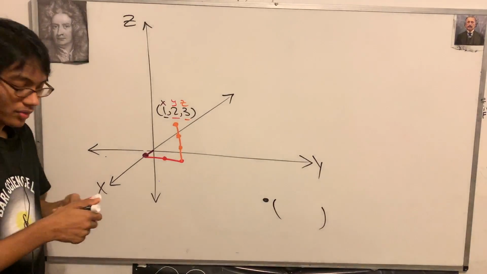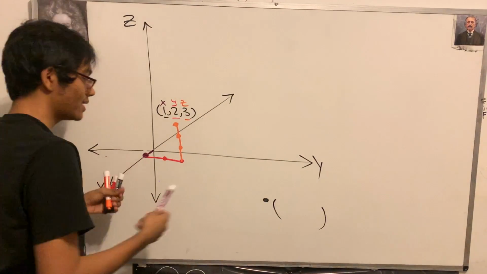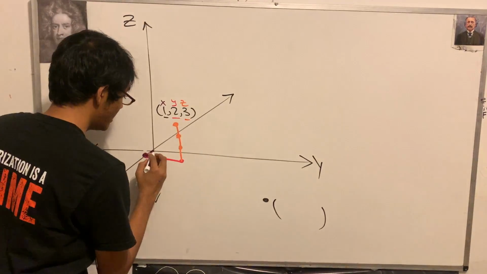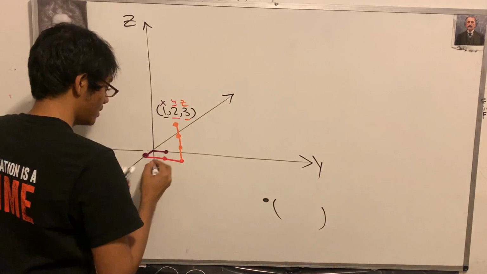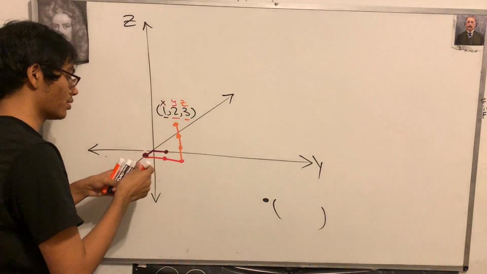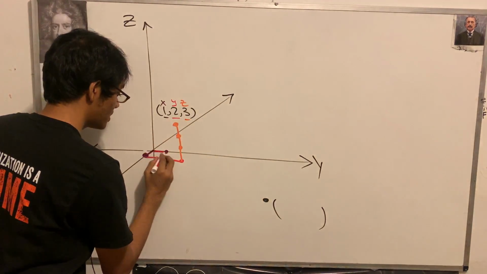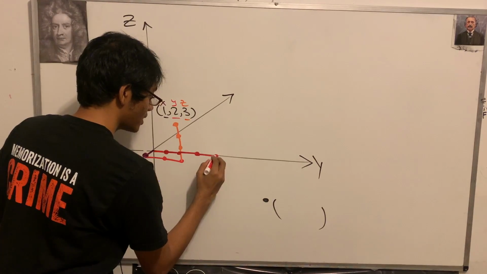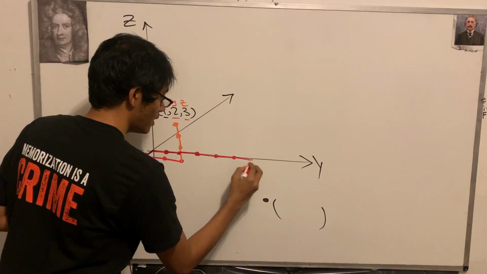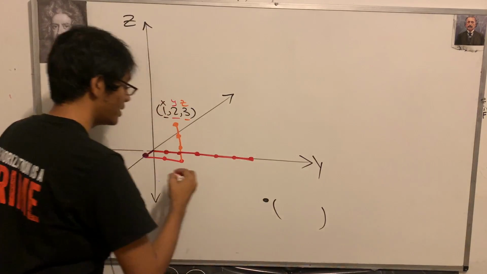Let's see what that point will be. Let's see how many steps it takes to get to that point. So let's keep things color coded. I'm going to go 1 step in the y, another step in the y, another step, another step, another step, and another step. So how many steps have I got in the y?